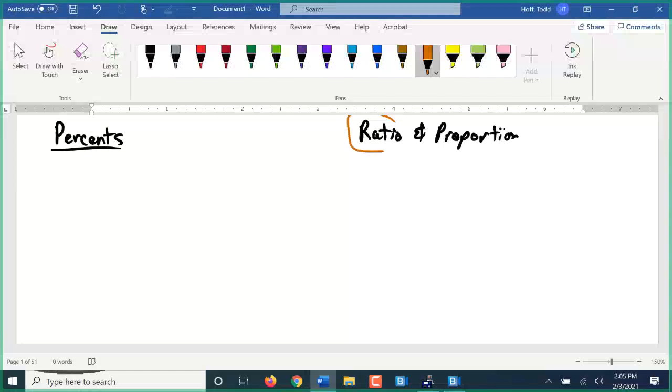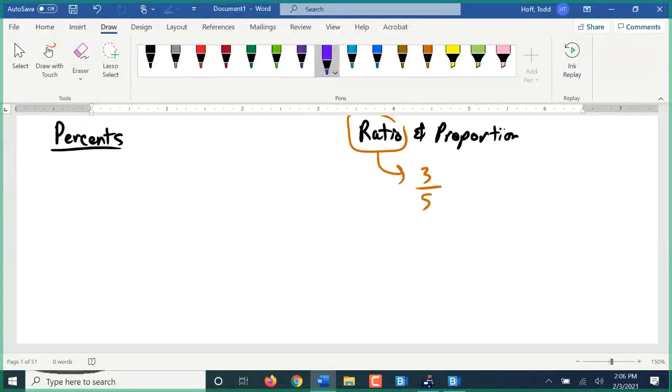Ratio is a comparison of two numbers. Like you might hear them say, 3 out of 5 people prefer this product over others or whatever. That's a ratio. Percent is a form of a ratio. It's just a standardized form.